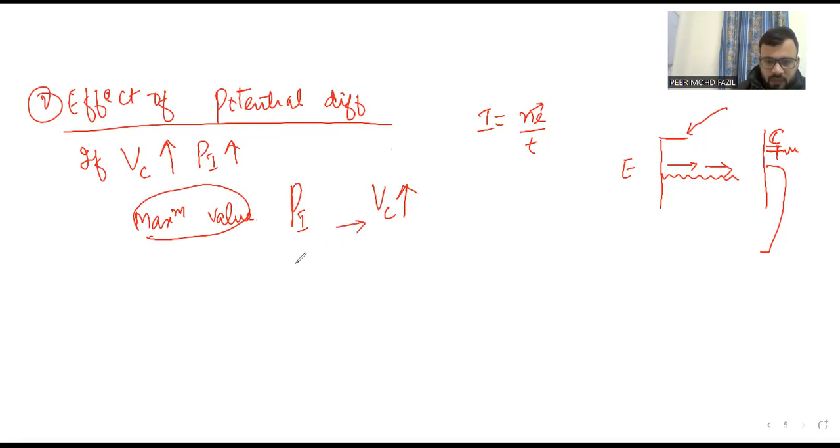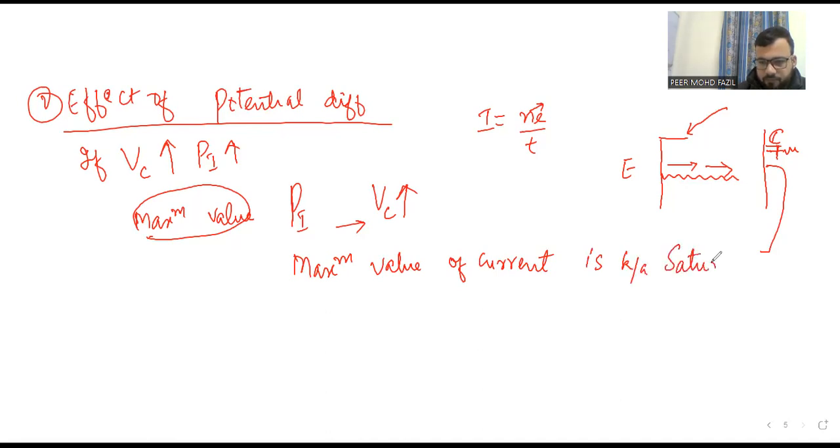So what does that mean? The maximum value of current which I will get by increasing positive potential, after that there will be no increase in the current. That current is known as saturation current.